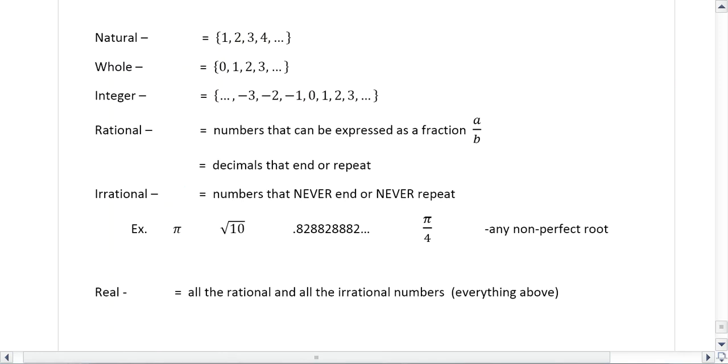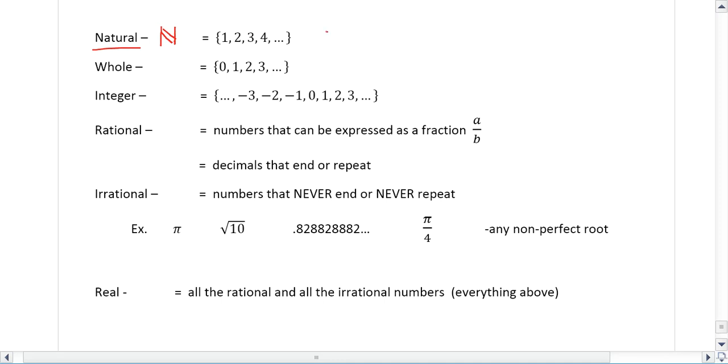These next terms take many numbers in our number system and put them into different categories so we can discuss them as sets. So the first set is the set of natural numbers, and we need to learn these symbols. This is kind of a funny looking N. That is the symbol for natural numbers.